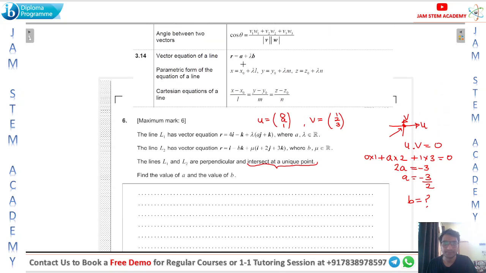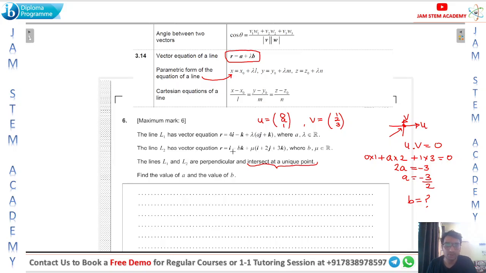For example, if we have r equals a plus lambda b vector, this is the vector equation of the line, we can convert it into the parametric form x equals x naught plus lambda l and so on. This parametric form gives us the coordinates of every point lying on that line for some particular value of lambda.